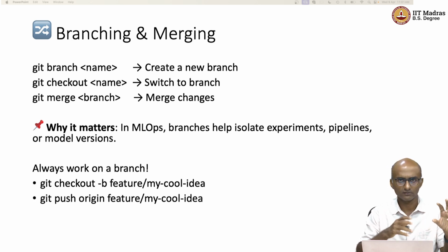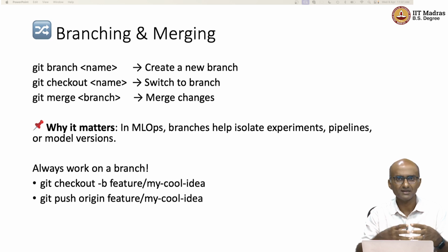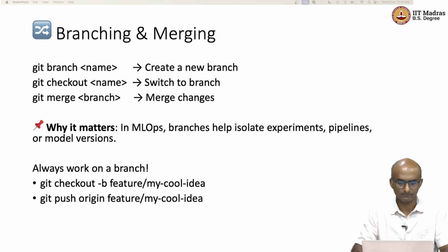Or if it's a bug, then you can use a prefix like hotfix or bug, etc. But if you create a brand new branch, it makes it easy for you to work in isolation and do your changes in a way that the impact is contained. And then once you're ready to promote to production, at that point you can do a reverse merge back into the main or issue a pull request.